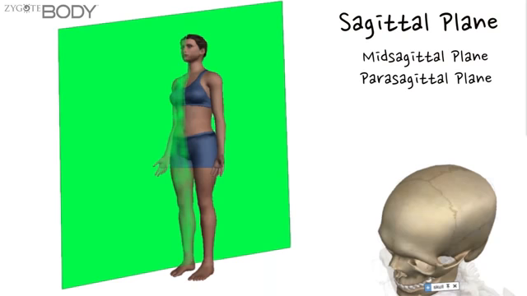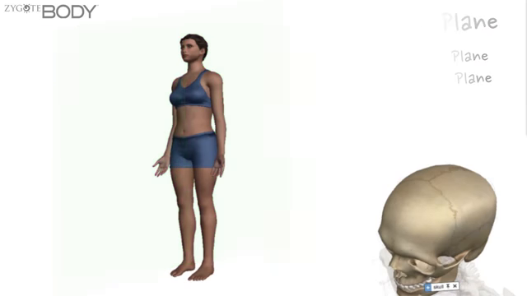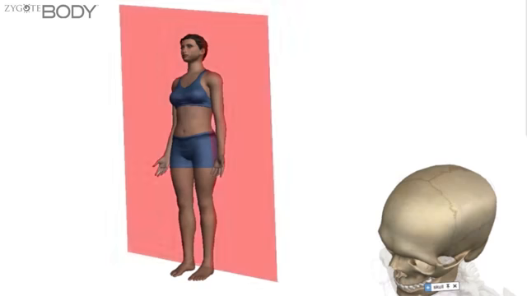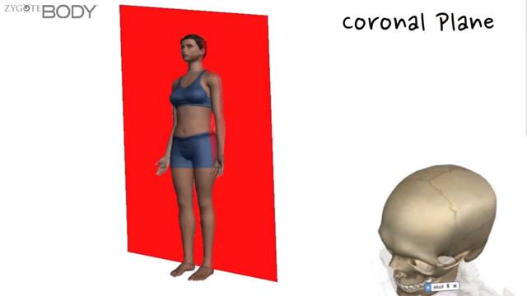Now, clearing up this sagittal plane, I'm going to move on to the second plane, and this is the coronal plane. Also using the skull here, I can show you that the coronal plane runs parallel with the coronal suture on the skull.